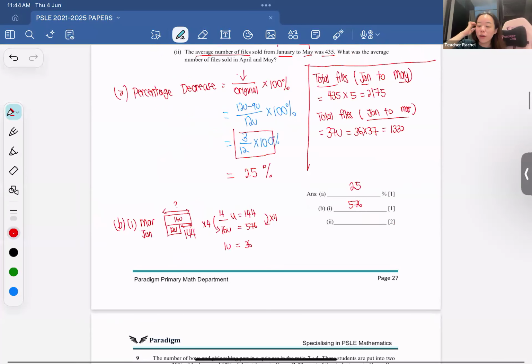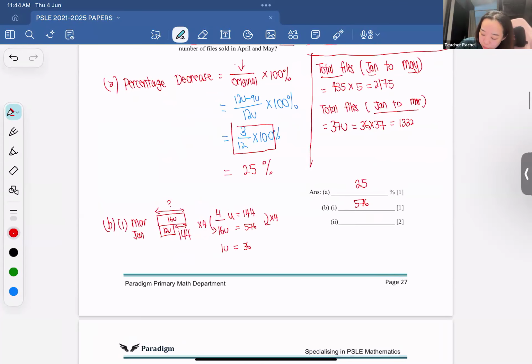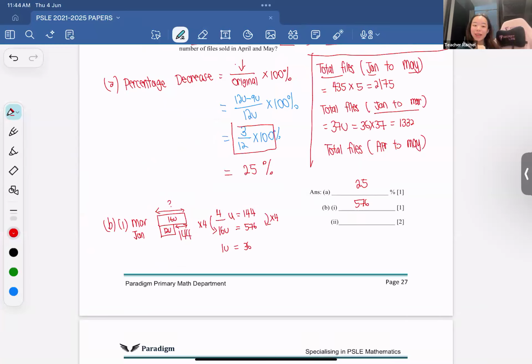If I know that the total files from January to March is 1,332, I can calculate the total files from April to May. Those who can't see this, let me draw model to help you to see better. I have January, February, March, April, May.